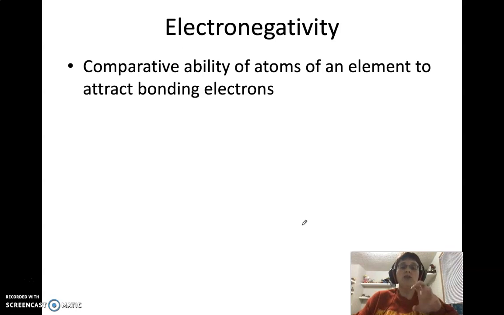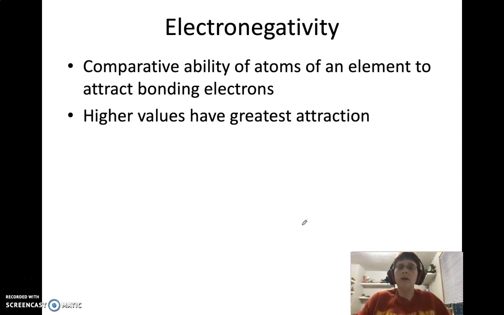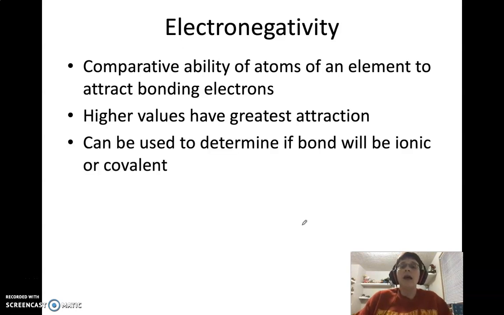Some of them are just really good at pulling electrons away from the atoms they're partnered with in a covalent bond. So the higher the value, the greater the attraction. The higher the value of electronegativity something has on the periodic table, the more it's going to attract the electrons. And so we can use this to determine if a bond is going to be ionic or covalent.